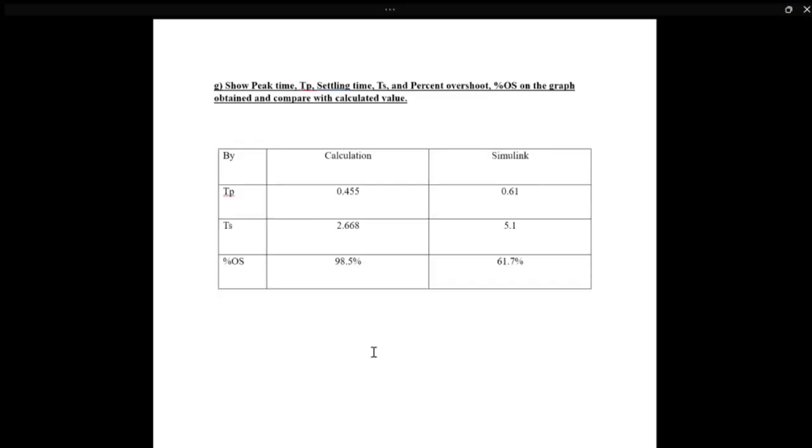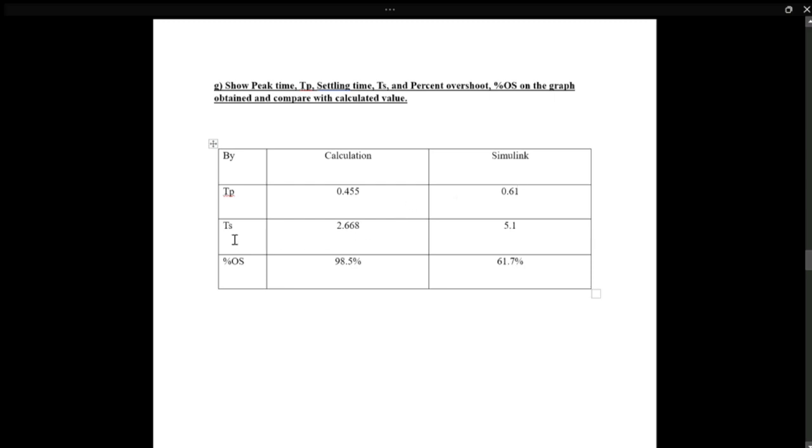Now we will show you the comparison between calculation value and simulation value. First, the peak time of calculation is 0.55 and for the simulation is 0.61. The percentage of error between the calculation value and simulation is 34%.